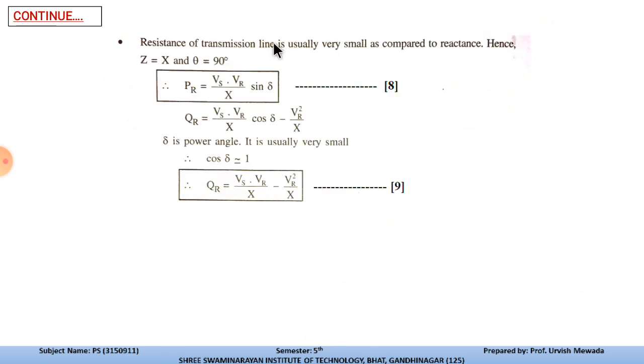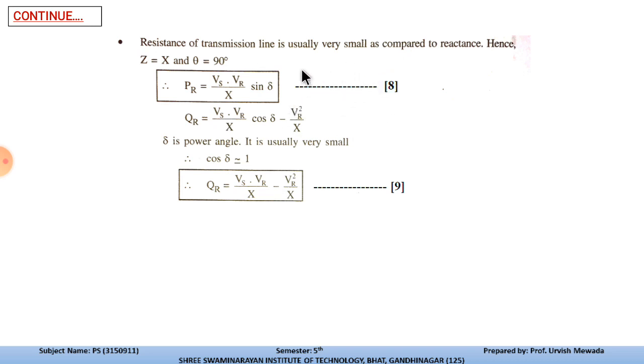The resistance of a transmission line is generally considered very small, so we can neglect the resistance, because generally we write the impedance of the transmission line as r plus jx. In r plus jx, generally we neglect the resistance term because it is very small, so we consider the reactance only.